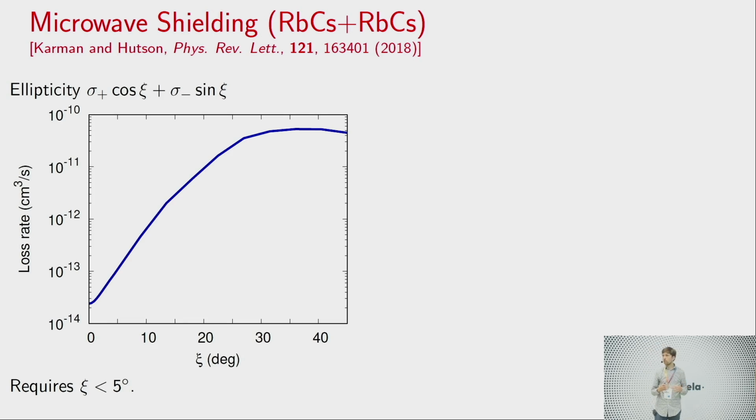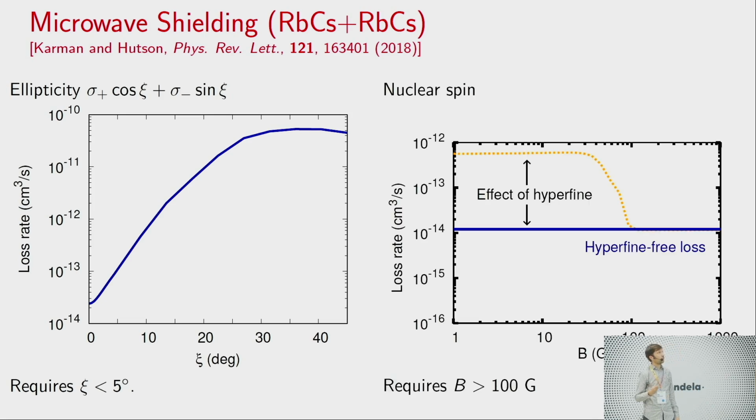And the second question is, so far I've not talked about hyperfine, and Jeremy has not mentioned this either. But before we studied this, it wasn't clear that this wouldn't ruin the shielding. And so we also studied this again by coupled channels calculations, and indeed you can see that the hyperfine interactions can lead to all sorts of additional losses and really increase loss rates by orders of magnitude here.